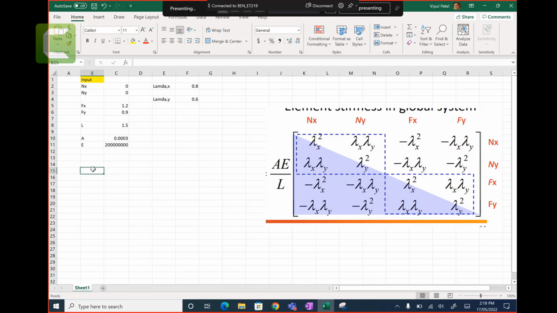And let's do the K1 here. K1 equal to lambda x square, then lambda x times lambda y, then minus lambda x square.